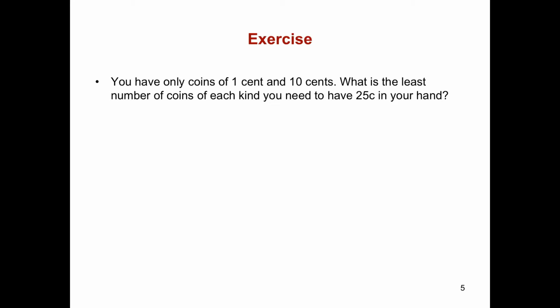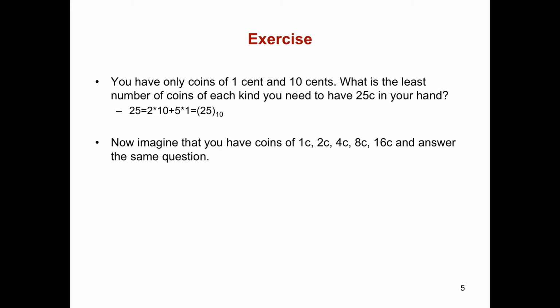So I'm trying to maximize the large ones, looking for the largest multiple of the 10-cent coin to fit. Well, that's precisely what 25 is in base 10. It's 2 times 10 plus 5 times 1. That's what it means to be represented in base 10.